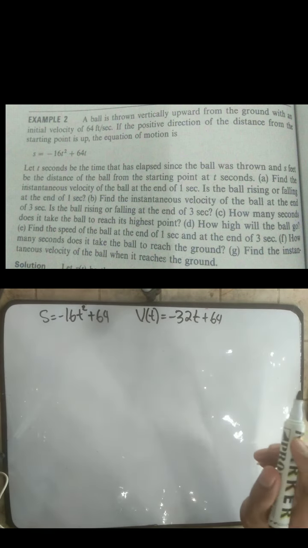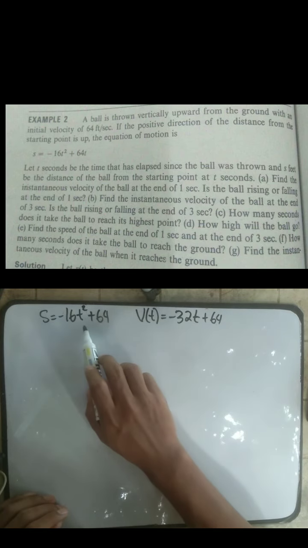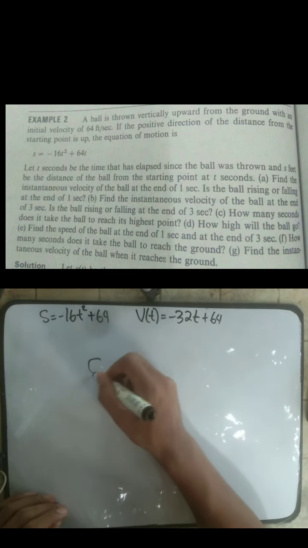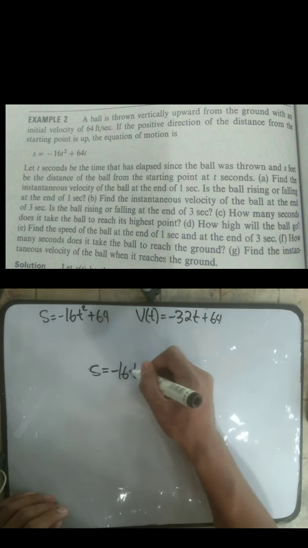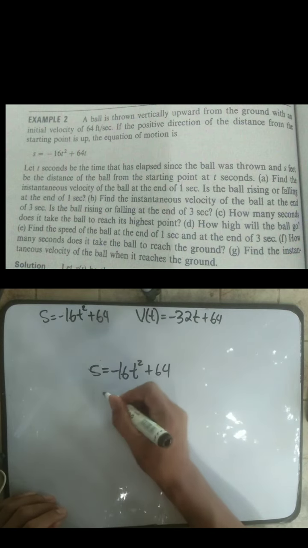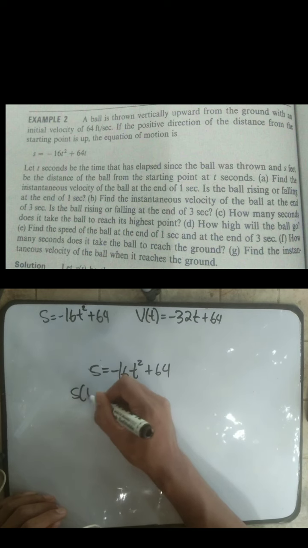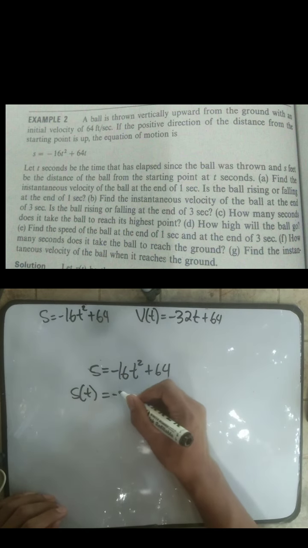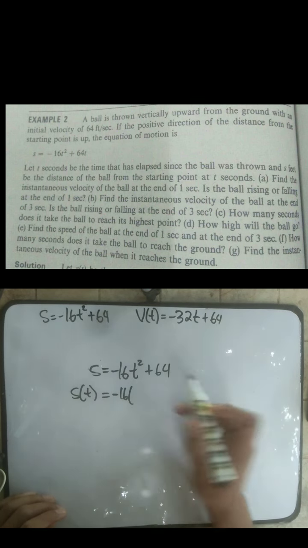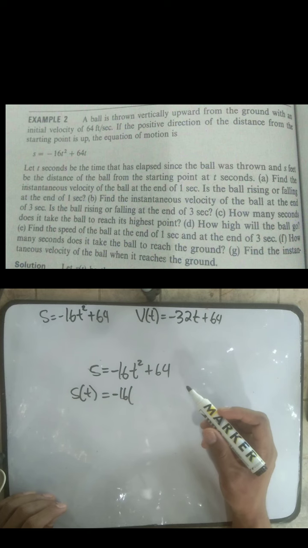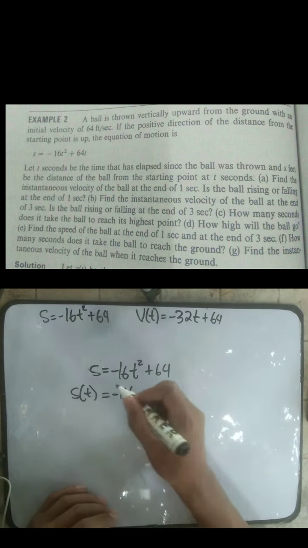So how about the speed of the ball at the end of 3 seconds? So we will use this equation, s equals negative 16t squared plus 64t, since we will use 3 as the end of 3 seconds. So our t will be 3.